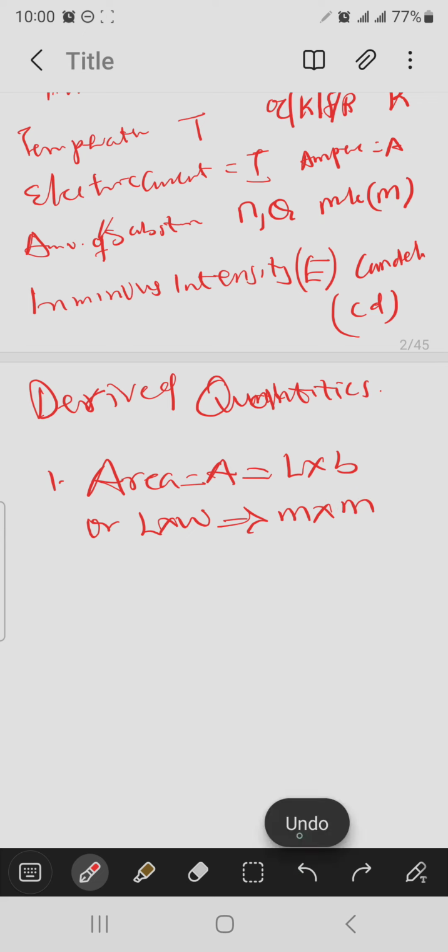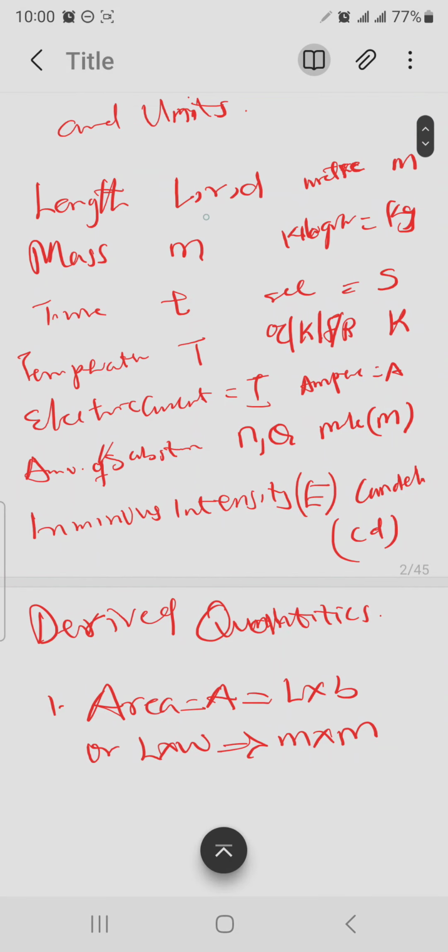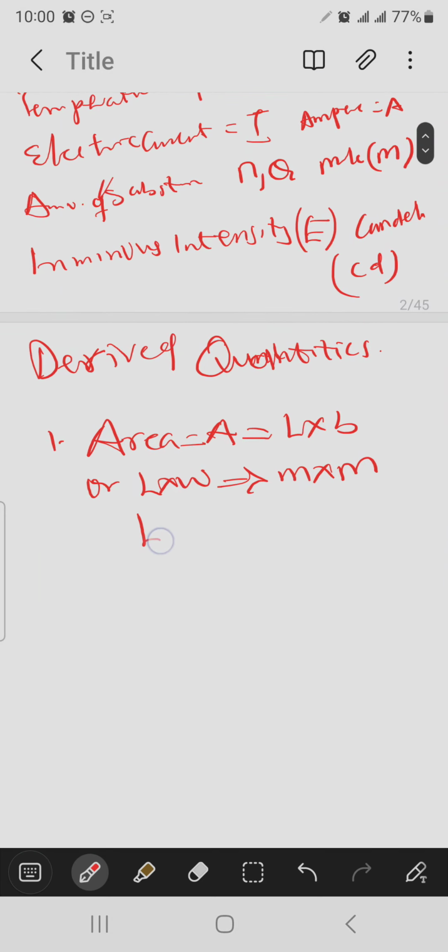The dimensional analysis for meter is going to be L. So this one is going to be L multiplied by L, so we have L squared. So the dimensional analysis for area is going to be L squared. And I hope you understand what I mean by this.